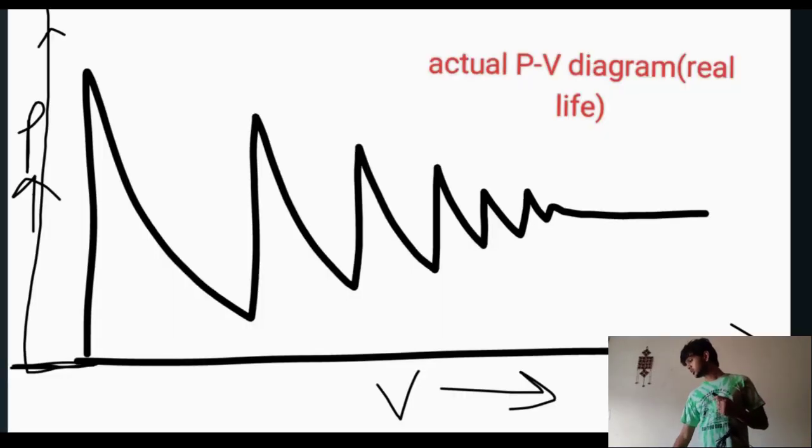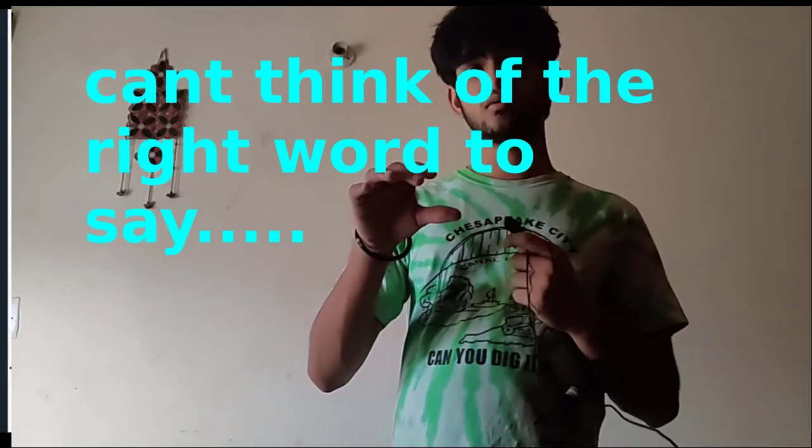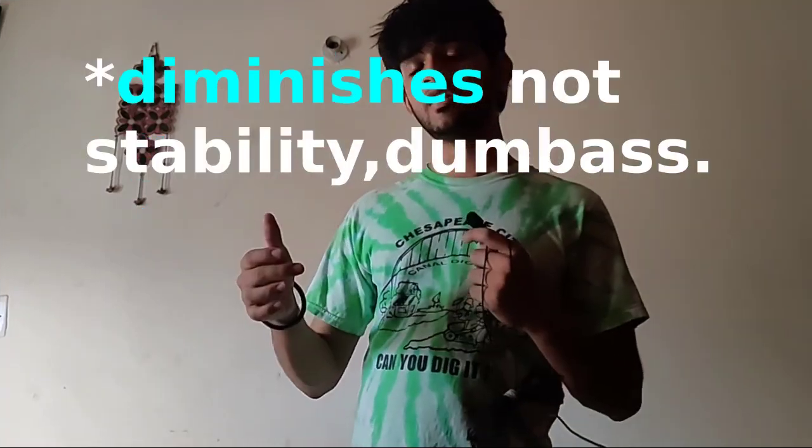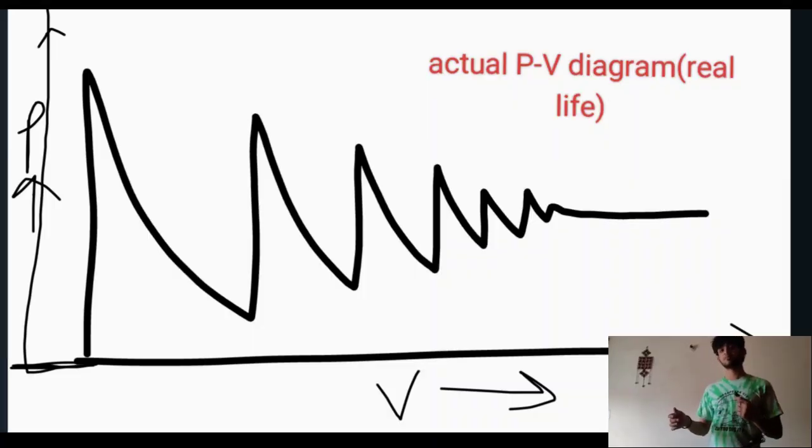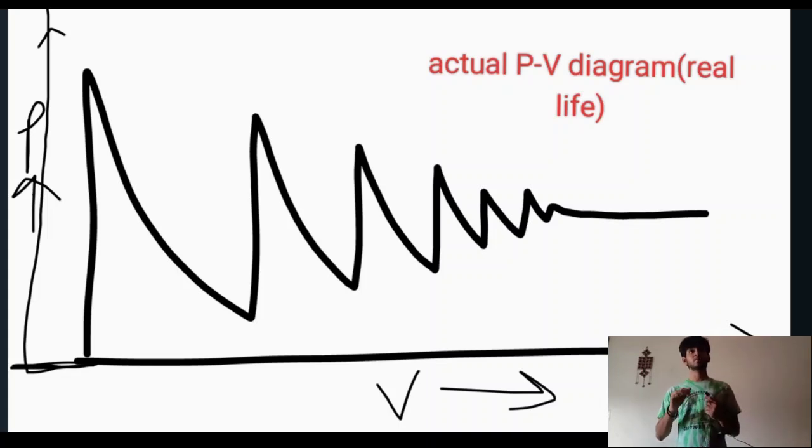What actually happens is the first triangle is quite big, then the next one gets smaller, then the next one gets quite smaller, and so on. And this achieves a stability at some point of time. So it isn't a perpetual heat engine. Or you can say that after one process, the initial conditions have not been achieved.